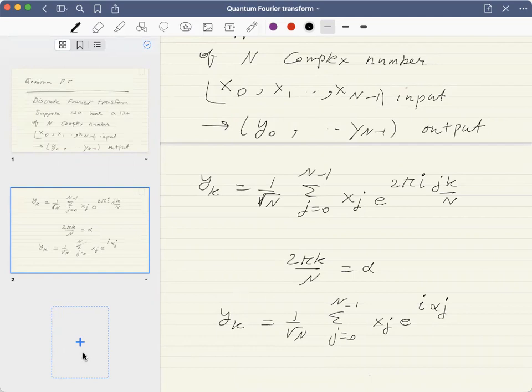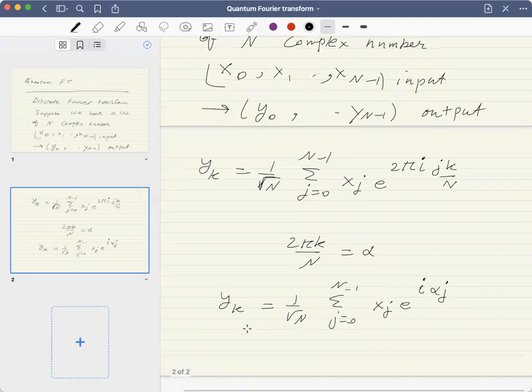So we multiply, let's say, f of x by e to the i kx, integrate over x to find some function of k. Here, j really labels the position. So instead of integrating over x, we sum over j. So we sum over a discrete set of points, and for each of them, multiply that by e to the i j, this distance, times something that's proportional to this number k.